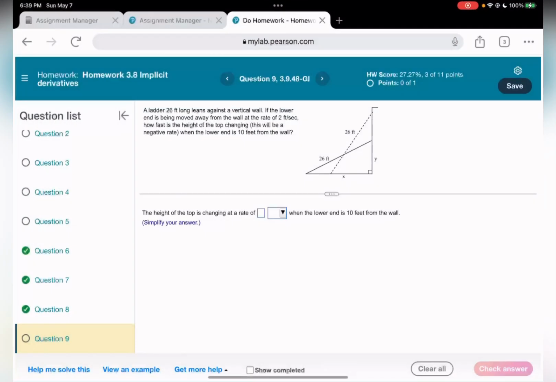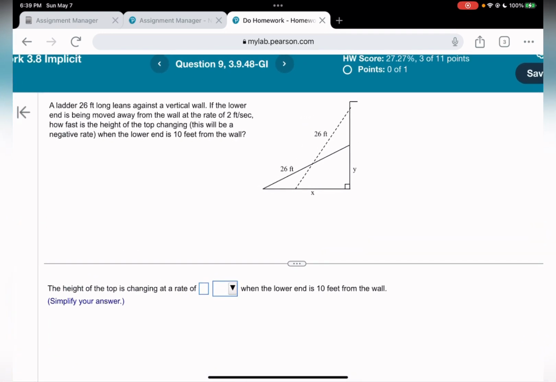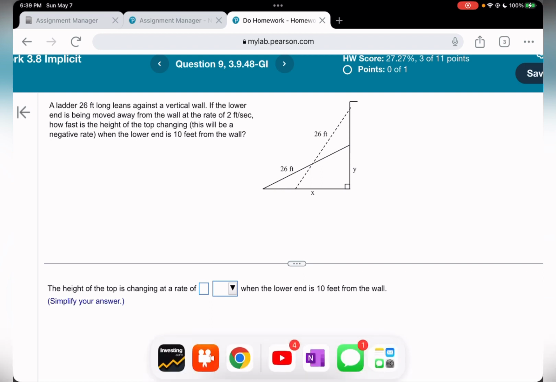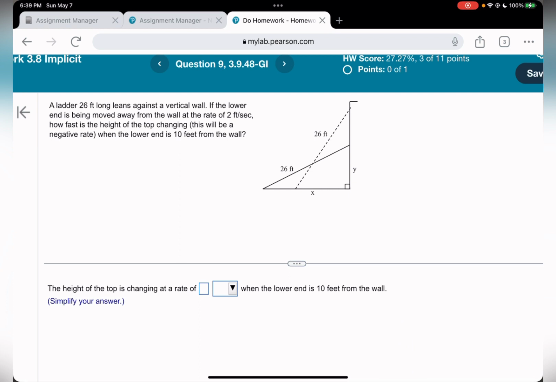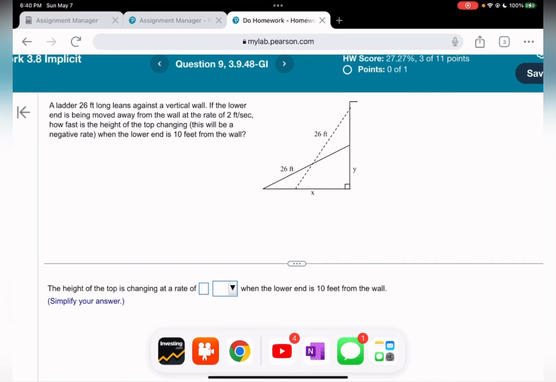If the lower end is being moved away from the wall at the rate of 2 feet per second.